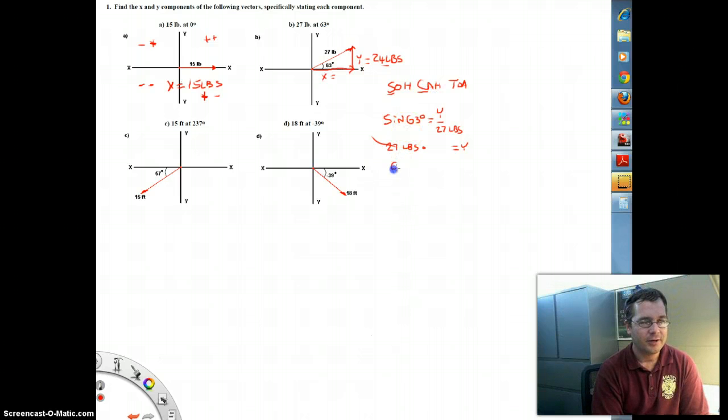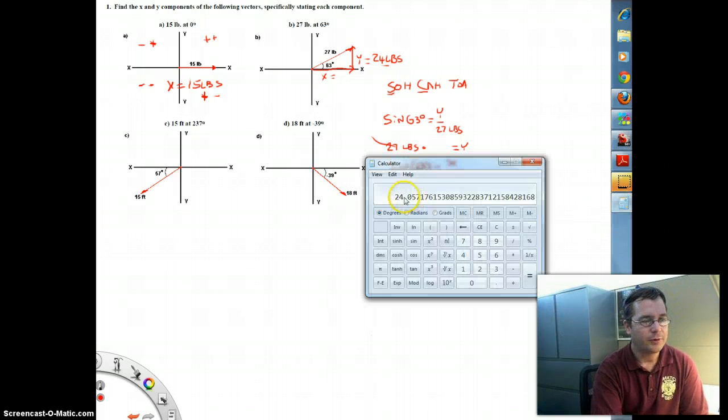Again, the cosine of 63 degrees equals adjacent over hypotenuse, so x over 27 pounds, or again, 27 pounds times the cosine of 63 equals x. Remember, last time it was the sine.